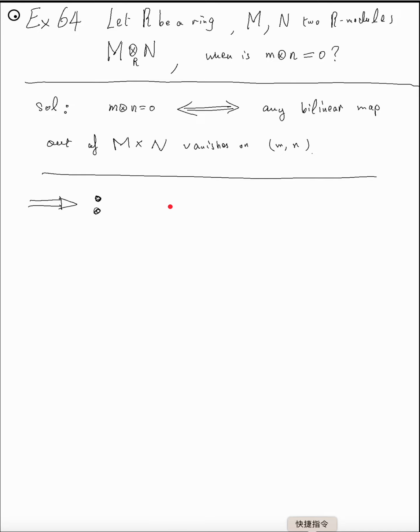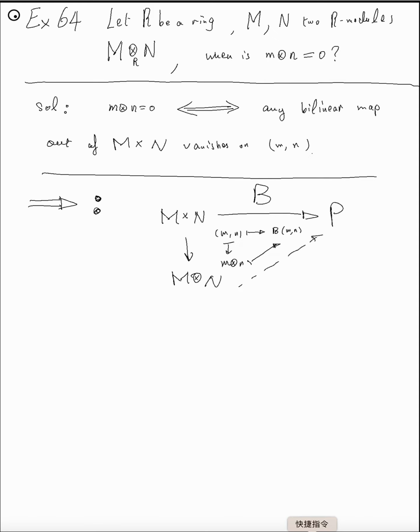So this is a canonical map from M, N to M tensor N, and here it is saying that for any bilinear map B, there is a unique linear map.